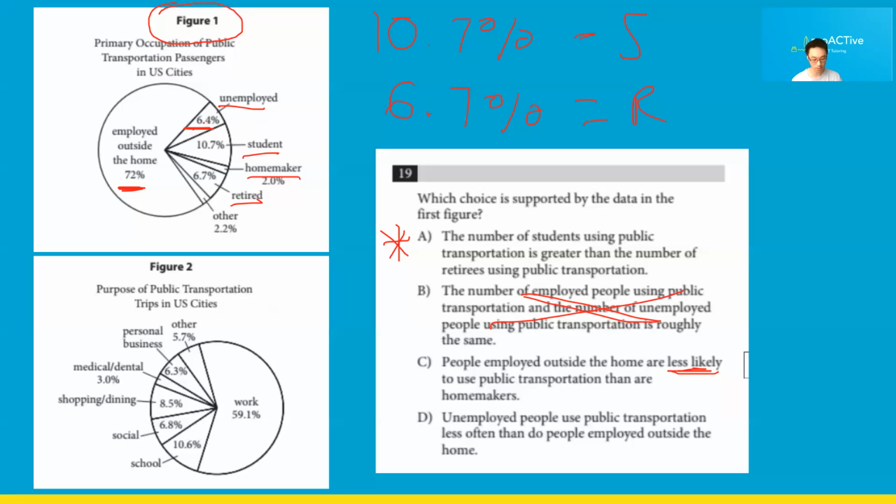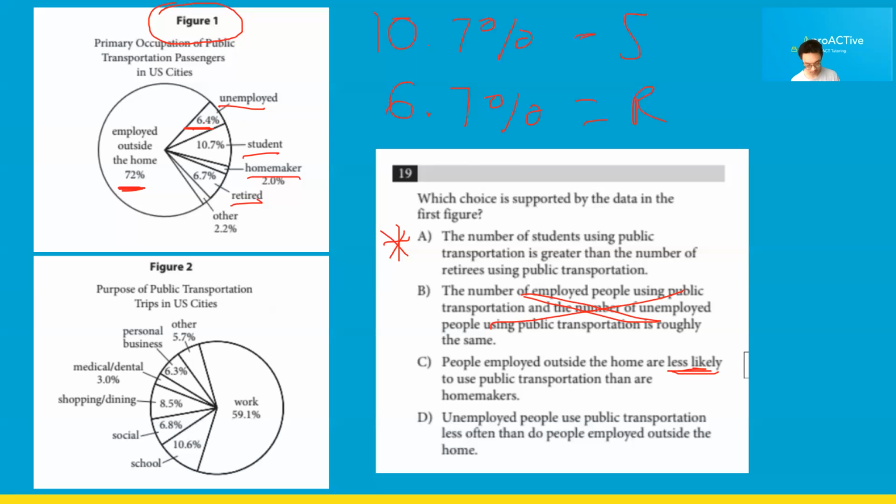This is just a makeup of all the passengers in US cities, and it's asking employed outside the home versus all the others, like how many of them have this job, how many of them are students, etc. So you can't really predict anything from that. You can't predict, based on if you are employed outside the home, whether you are more likely to use public transportation than homemakers. That's not exactly what the graph represents, right?